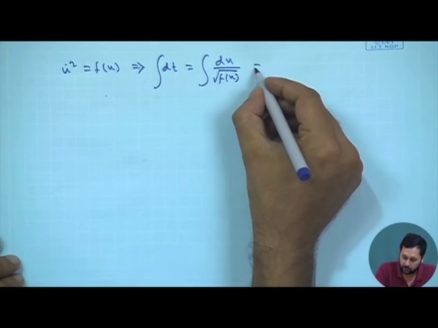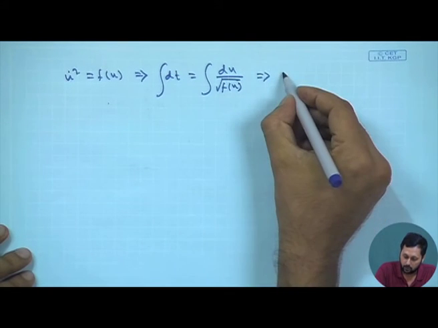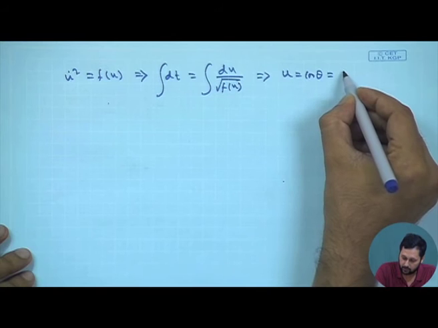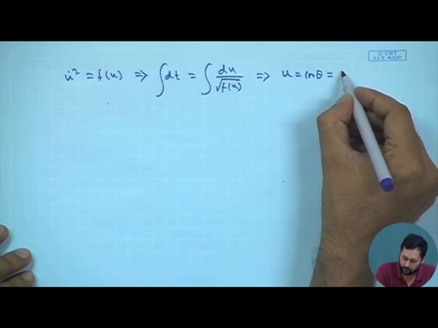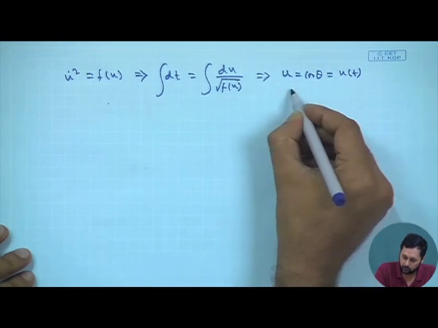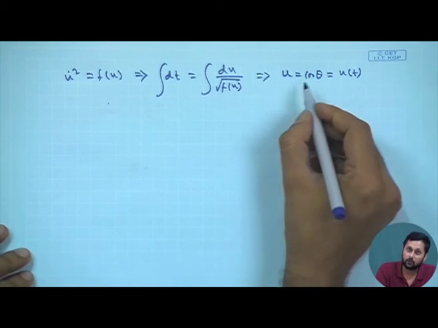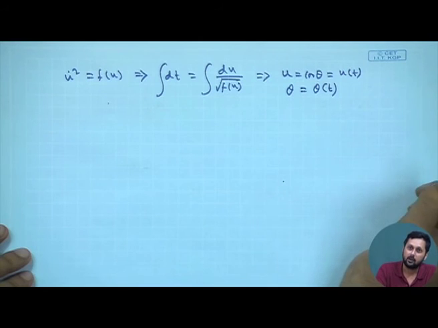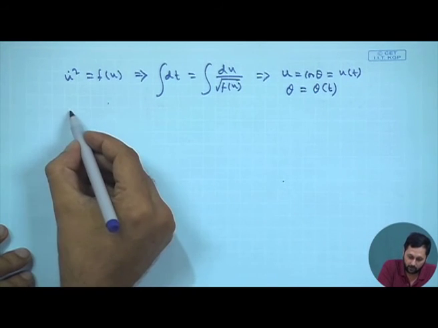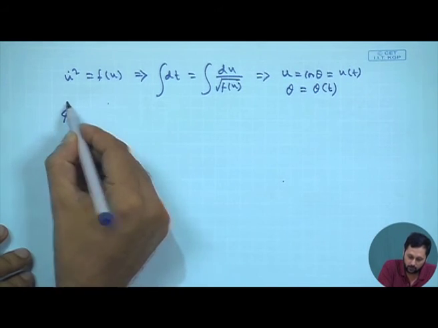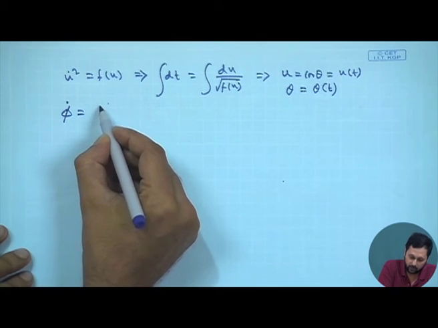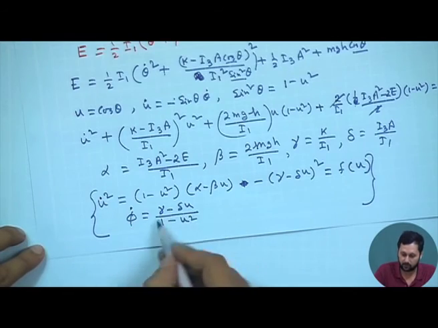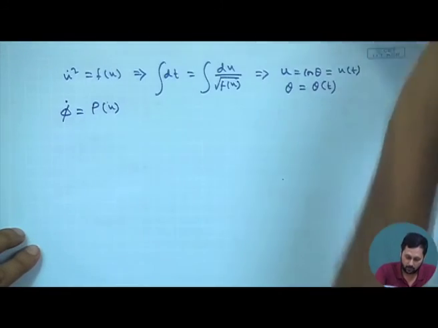So, in principle this will give you u, which is equal to cos theta, as a function of time, u of t. So, that means essentially by solving this you get theta as a function of time. Now, plug it back into the second equation, which is phi dot equal to another function of u, right.